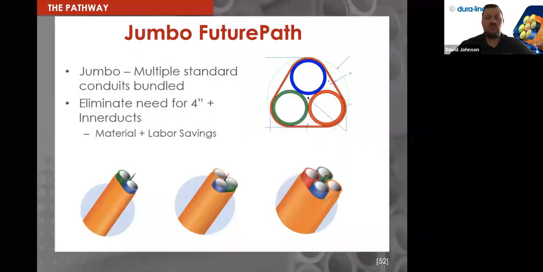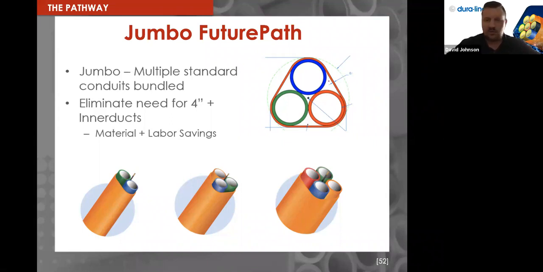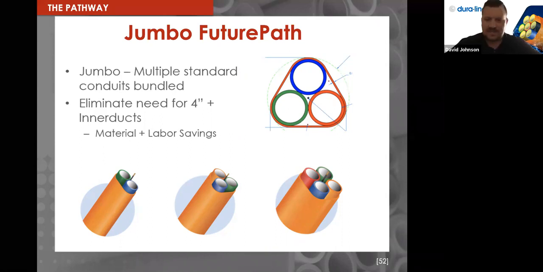So one feature that Dura-Line came in with, as you guys know, Dura-Line's always doing our best to adapt to the industry, to the network, to really evolutionize the pathway. And we came out with a product in 2018 for those customers that are still sticking with armored fiber cables, maybe they have high density fiber cables that you can't put inside of our microducts, and they want to stick with the traditional way of doing stuff.